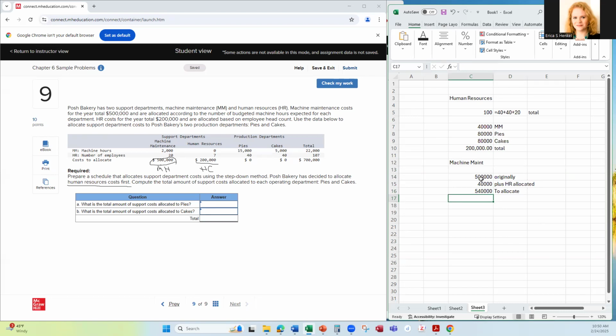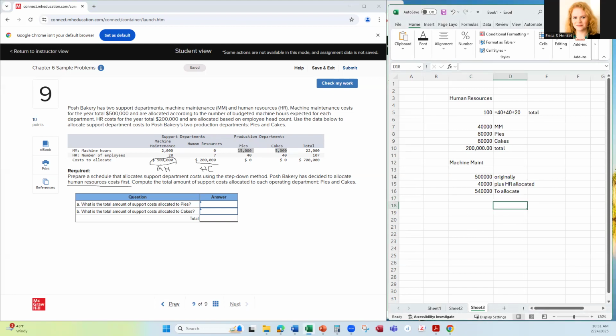So with that, we are going to assign these out based on machine hours. So looking at machine hours, we had 15,000 for pies and 5,000 for cakes. So a total of 20,000 because we're not going to allocate to ourselves. So we're ignoring that and it's just going to go out.